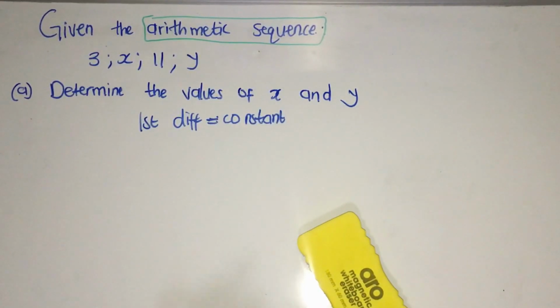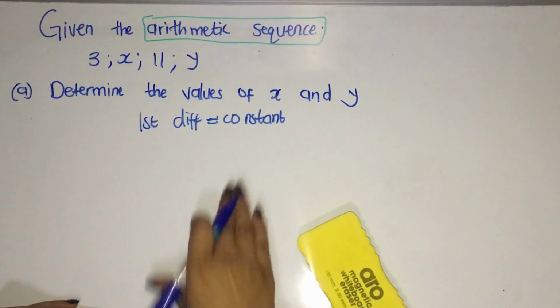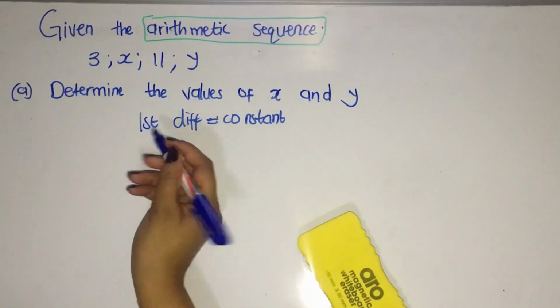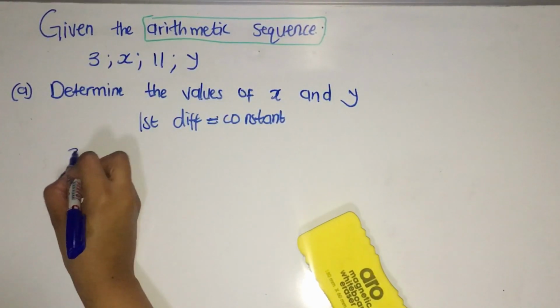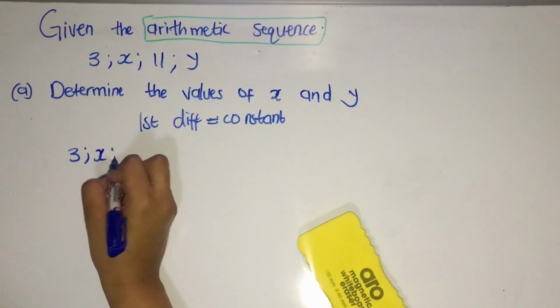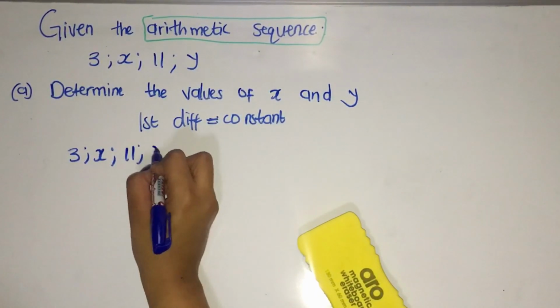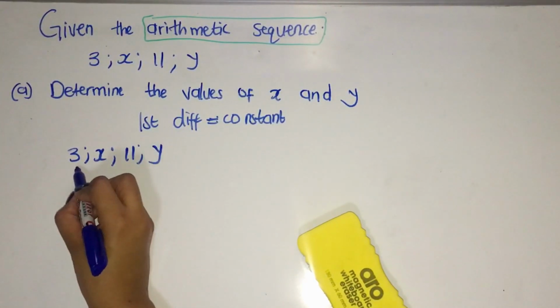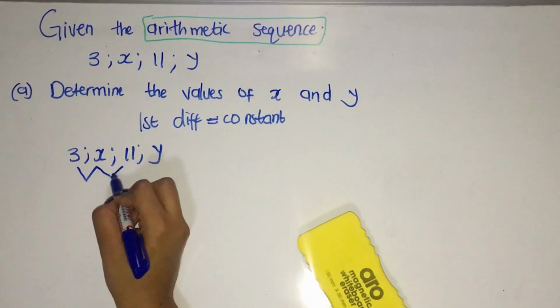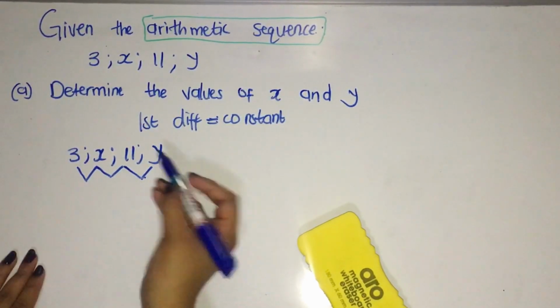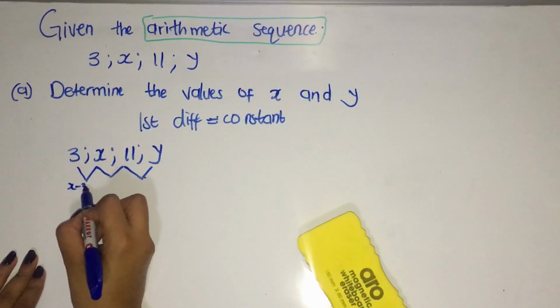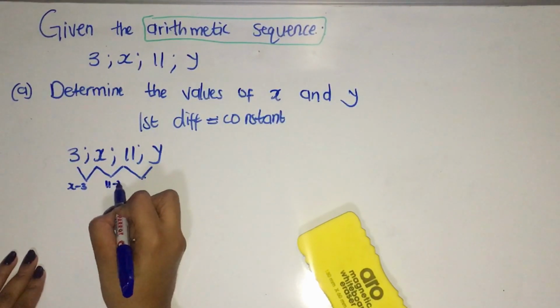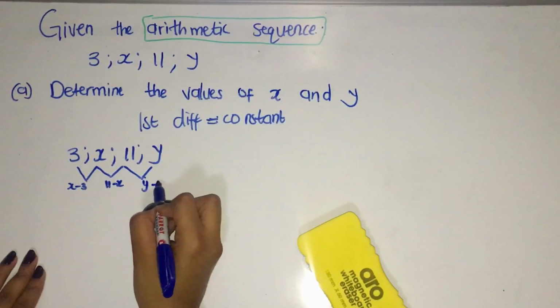All right, so now we want to solve for x and y. So you have 3, you have x, you have 11, and you have y. Now let's go ahead and find the difference. It's x minus 3, it's 11 minus x, it's y minus 11.